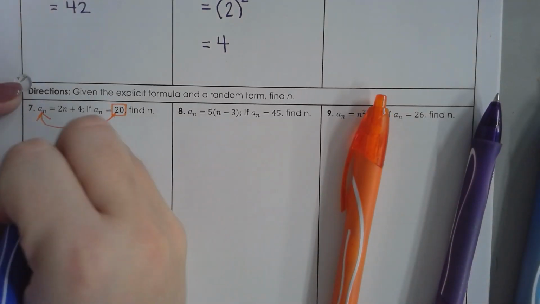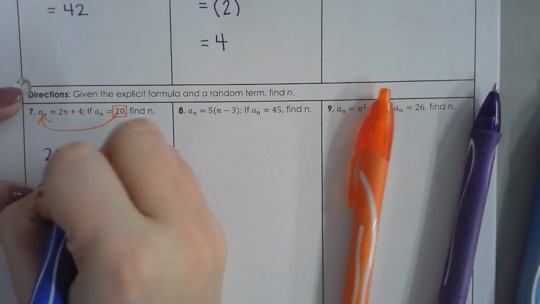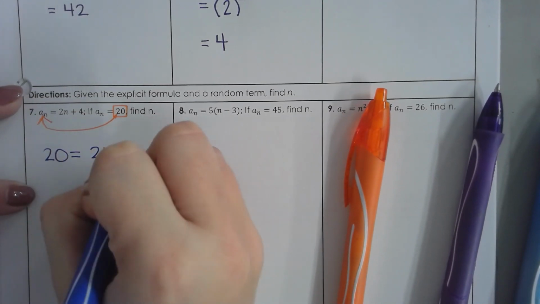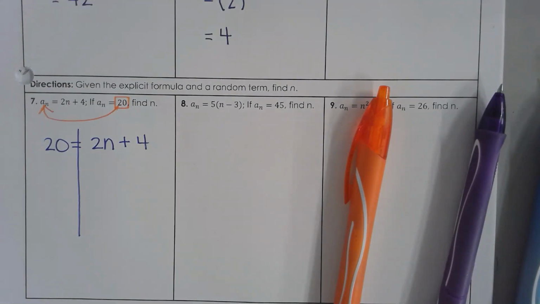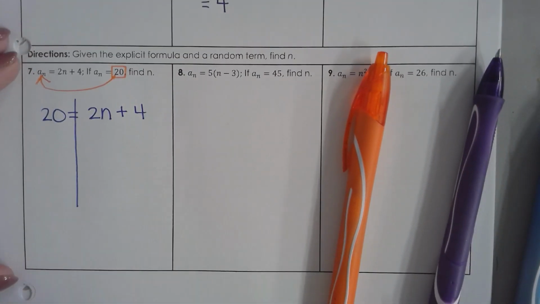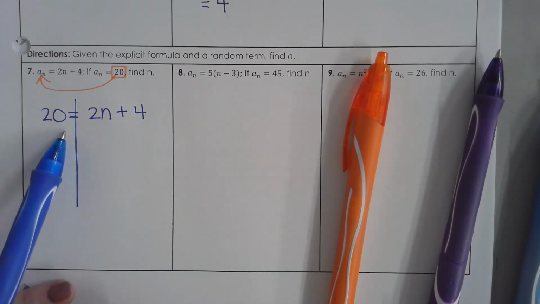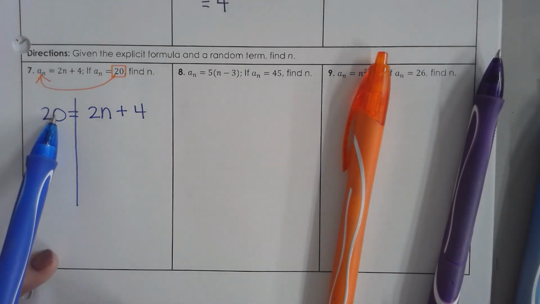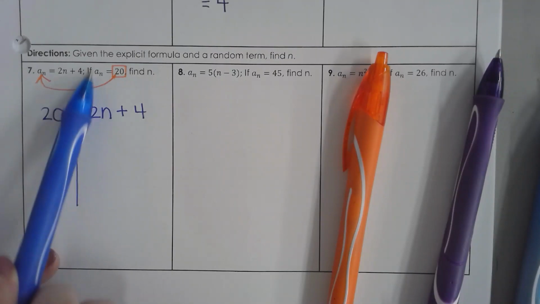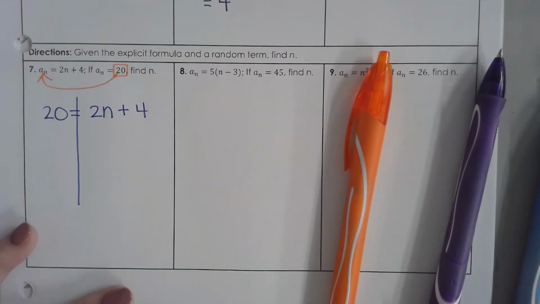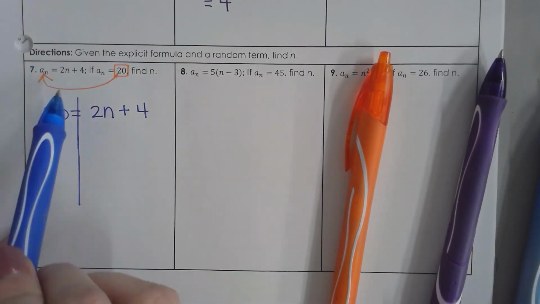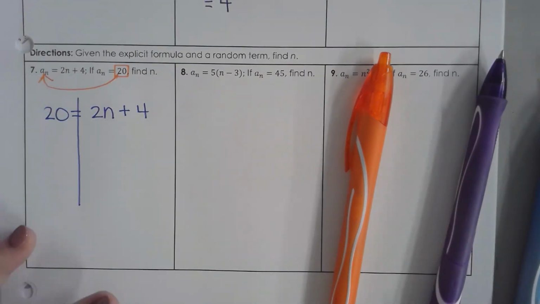This is 20 equals 2n plus 4, and we have to solve this equation. You wouldn't put each one? No. The whole An equals 20, so this whole thing equals 20.